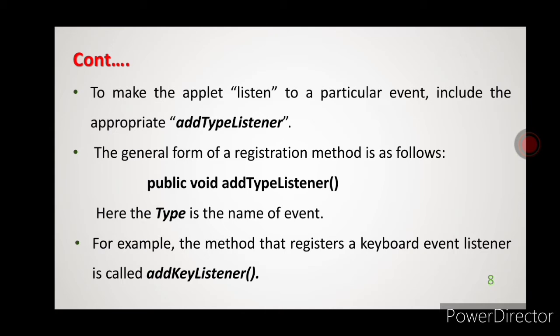For that we use a method, public void addTypeListener, where type is the name of the event. For example, when registering for a keyboard event, the event source will register a keyboard event listener by using the addKeyListener method.